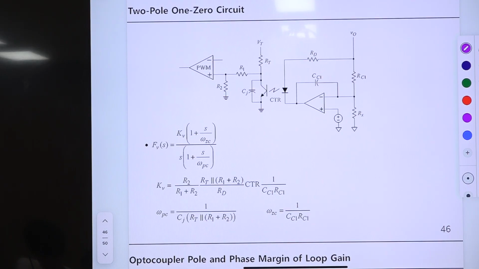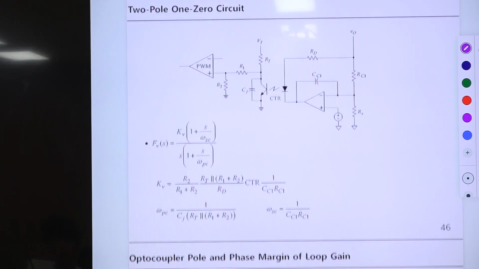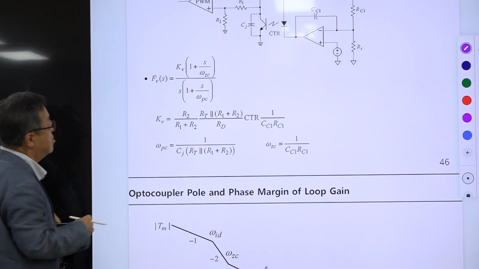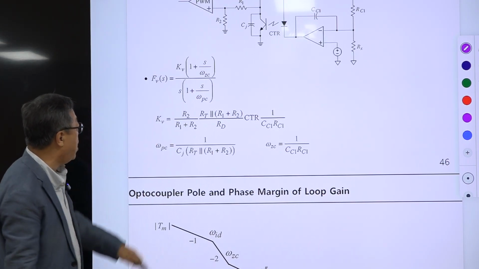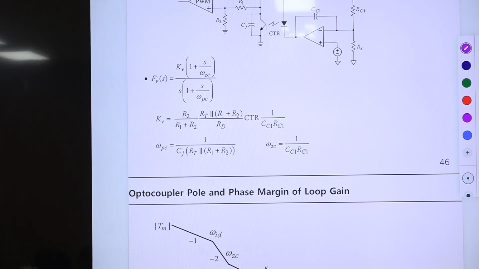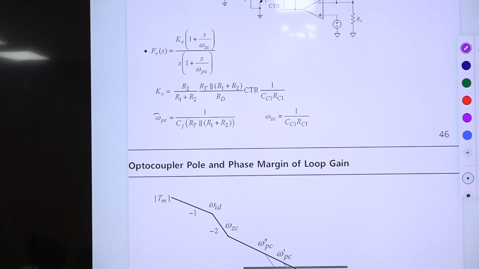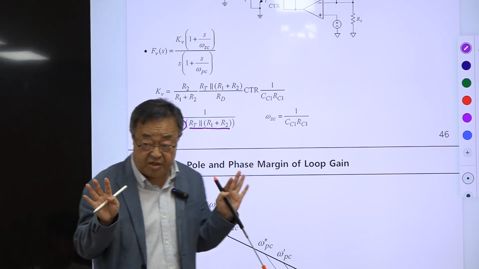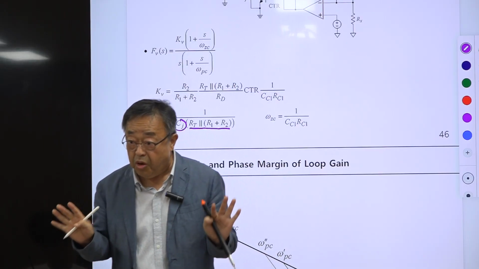Okay, this is the two-pole one-zero circuit we employed in our prototype converter. Again, this is the expression of the compensation parameters in terms of the circuit components, and omega PC is determined by this. Cj can vary depending on the temperature or something else, so it is very sensitive to the operational environment.